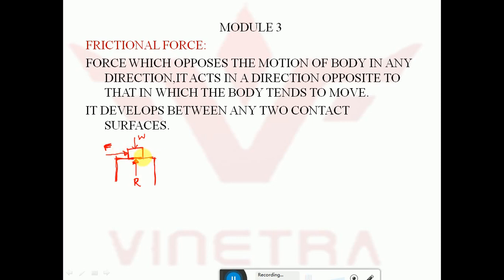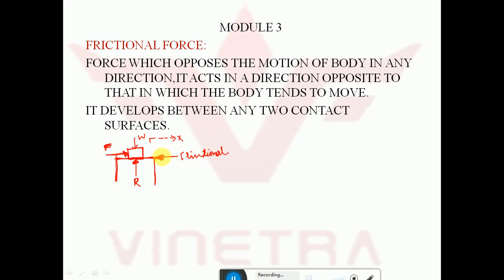That is because between this box and the table, which are two contact surfaces, a frictional force is developed, exactly opposite in direction to the force applied to move it. This is the direction of motion of the body, but the frictional force resists the motion in that direction.